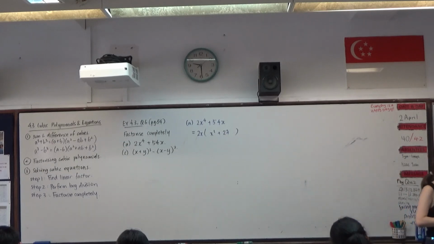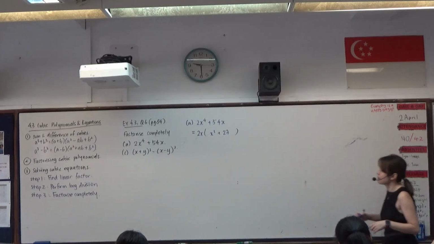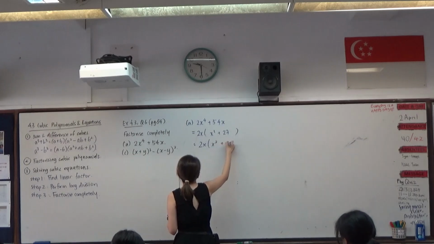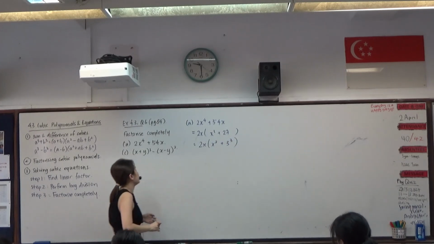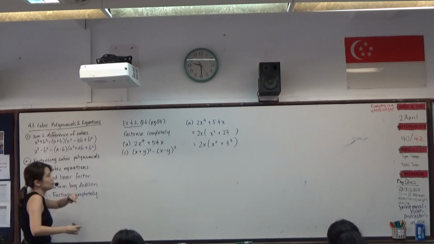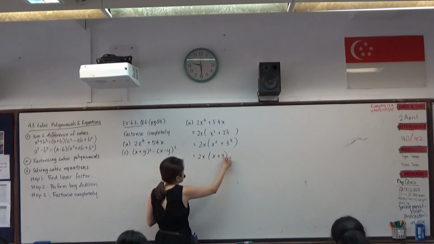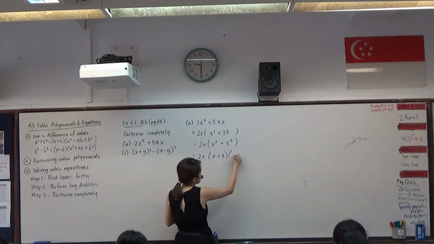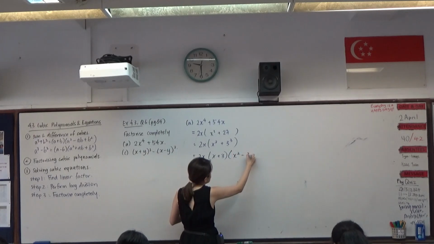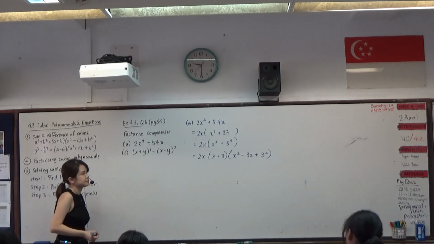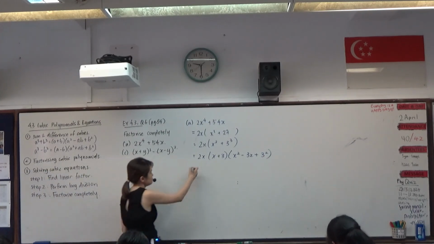Do you see that we have the sum of cubes? What is 27? 3 cubed, right? And then we can now apply our sum of cubes to get x plus 3, same first, then opposite, then always positive.